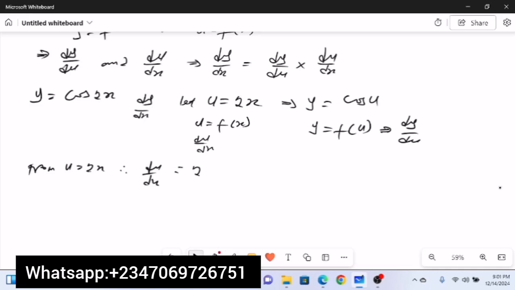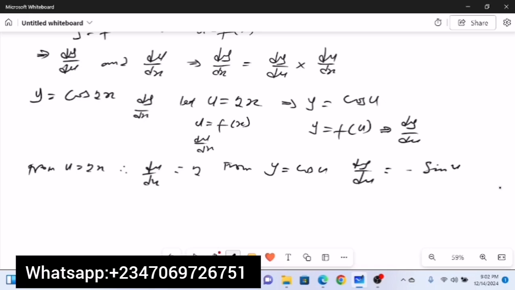Similarly, from y equals cos u, if I differentiate y with respect to u, I'm simply going to have, if I differentiate cos, minus sine. So this will give me simply minus sine u.